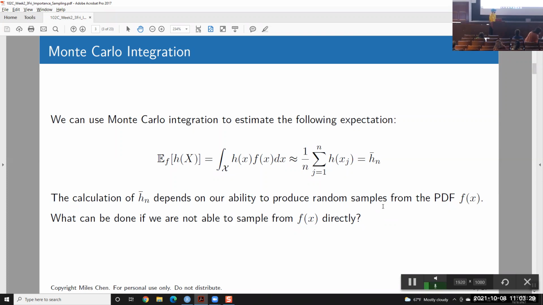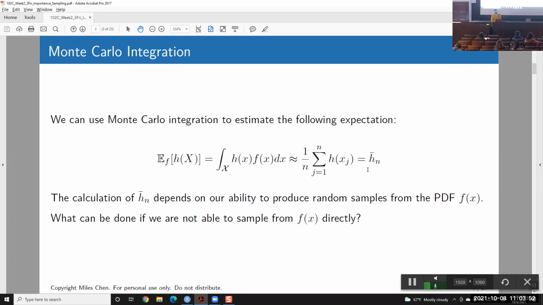To get the answer, the expected value of some function applied to a random variable is equal to the integral of the function multiplied by the PDF of the random variable. And this integral, a lot of times, is difficult to calculate.